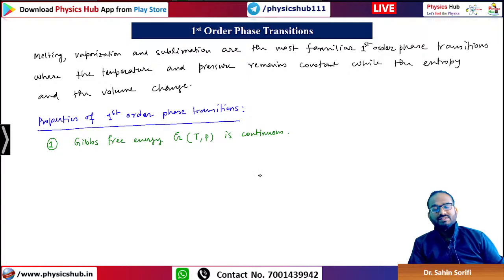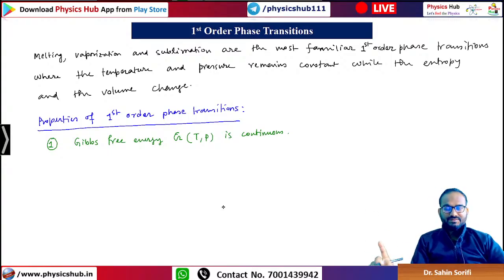For a second order phase transition, the second order derivative of G, d square G by dT square or dP square, is discontinuous, and obviously the first order derivative is continuous. Don't get confused, just know it. We'll talk about it later. Don't take stress.